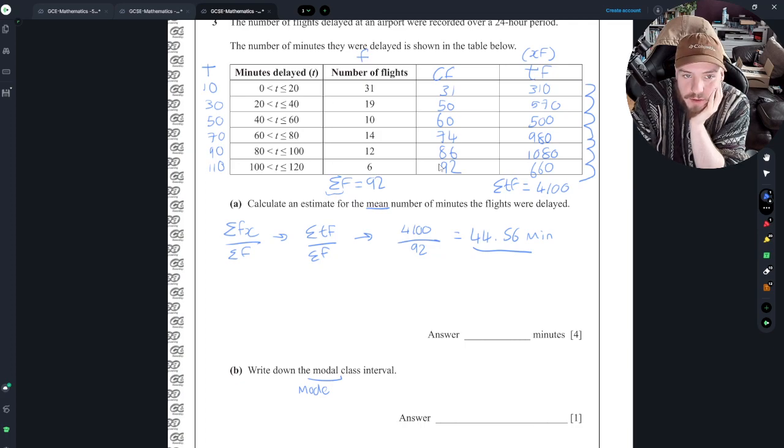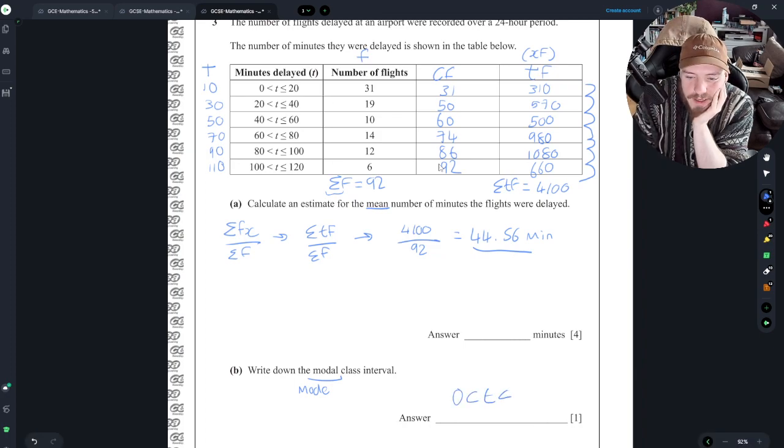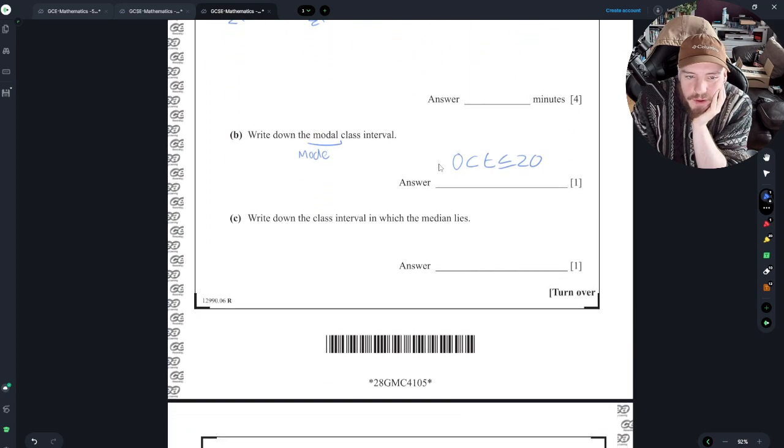So this will be our modal class here, 0 to 20 minutes, because it's got the highest frequency out of all our classes. So in this case I will actually write it in just to keep it right.